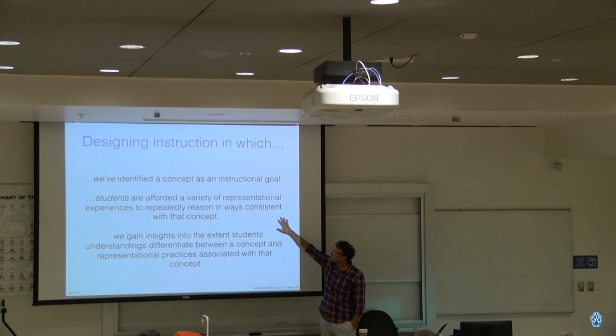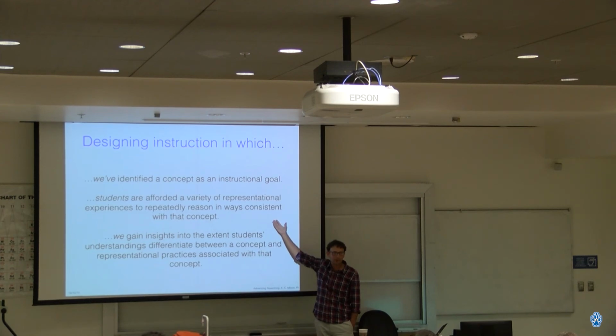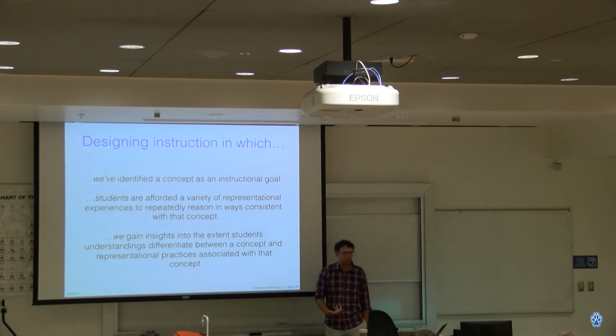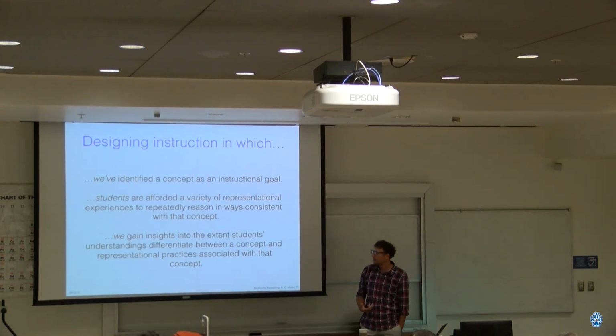Then we have to design a series of different repeated experiences for students to actually reason in ways that are consistent with the concept. Just giving students graphs in one orientation is not going to do it, because they're not getting multiple representations from that. They're not getting an opportunity to construct multiple representations for themselves.